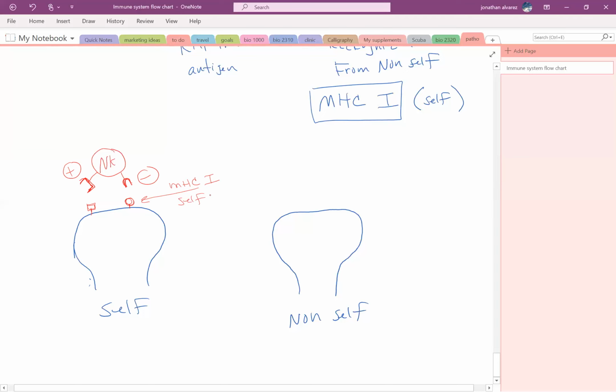So all of your cells and all of your tissue and all that inside of you has these special markers that says it's you. Okay, that's how your body can recognize self from non-self.